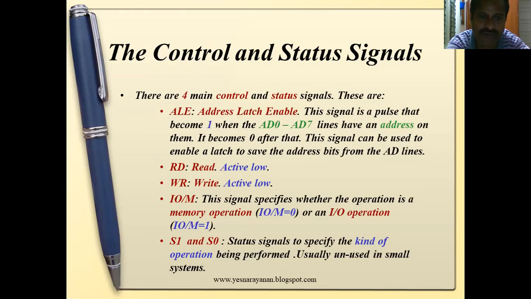If IO/M bar signal is 1, it means an input output device or operation is working. S1 and S0 are called status signals to specify the kind of operation being performed, usually unused in small systems.